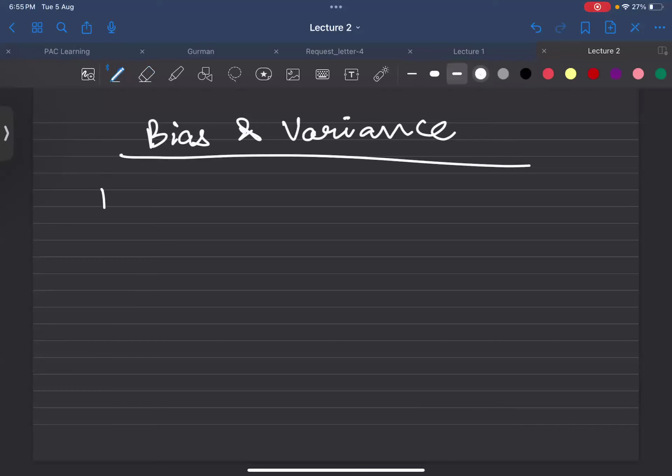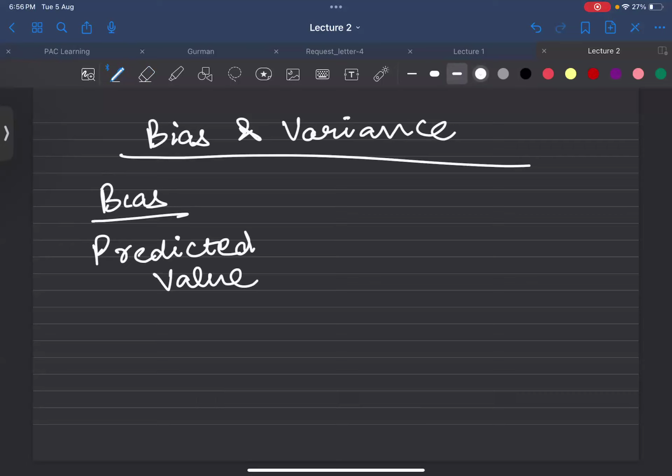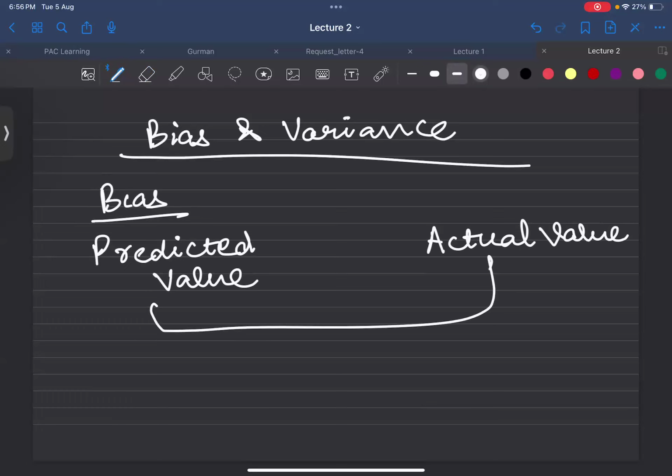So bias: I predicted a value and there is an actual value or target value. The gap between them is bias.